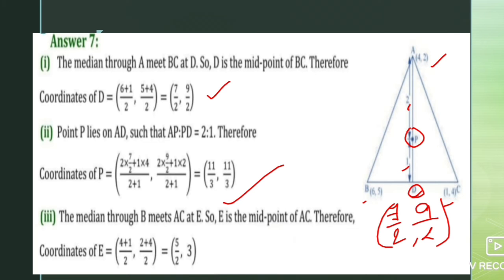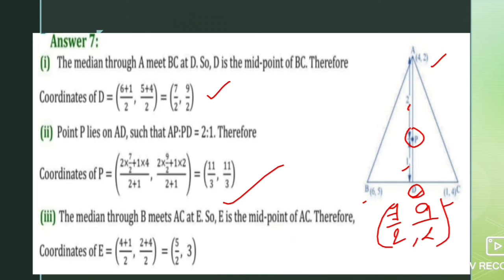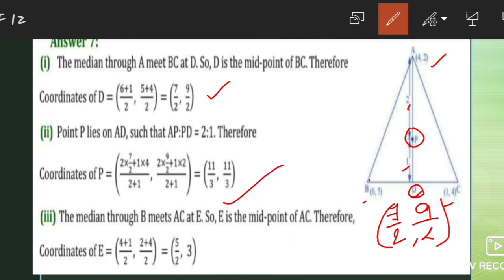So suppose I am drawing a median on side AC, and suppose this is point E. Suppose there is a point Q on this BE median, which divides the BE line in a 2:1 ratio. Now you have to find the coordinate of point Q.